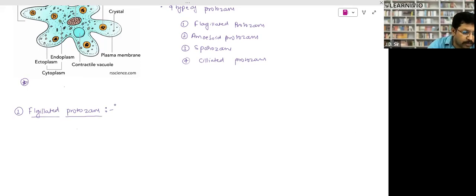What is Trypanosoma gambiense? It is an organism responsible for a disease called sleeping sickness. Let me show you the diagram of this one.